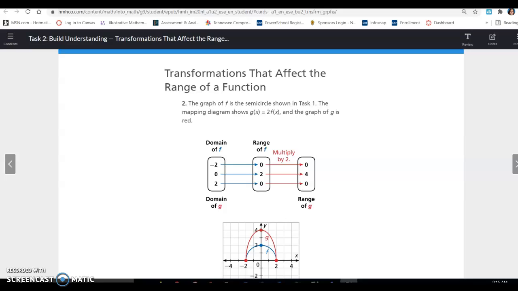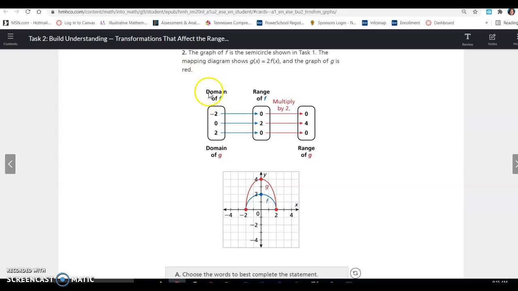Task 2, transformations that affect the range of a function. Remember, the range is your y values. We're still looking at changing the y's. It says the graph of f is the semicircle shown in task 1. The mapping diagram shows g of x equals 2 times f of x, and the graph of g is red. So this one has your domain -2, 0, 2.